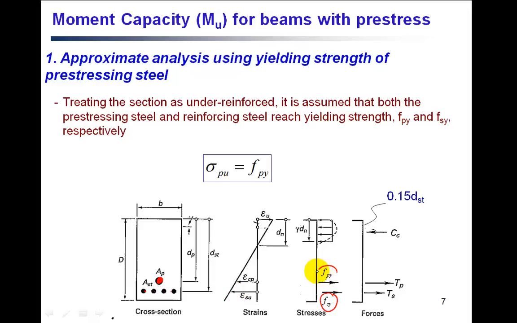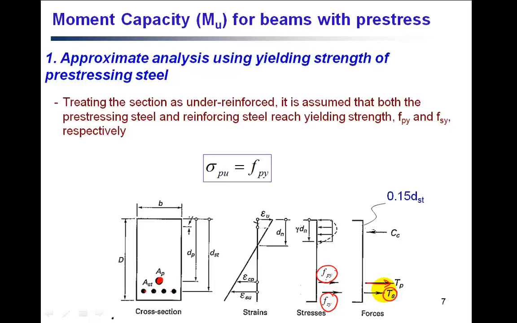That means the stress in the pre-stressing wire is Fpy, the yield strength of the pre-stressing wire. So we can easily calculate the force in the pre-stressing wire by multiplying the total area of the pre-stressing wire and its yield strength. Similarly, we can find the total force in the reinforcing steel by multiplying 500 megapascal and the total area of the steel.